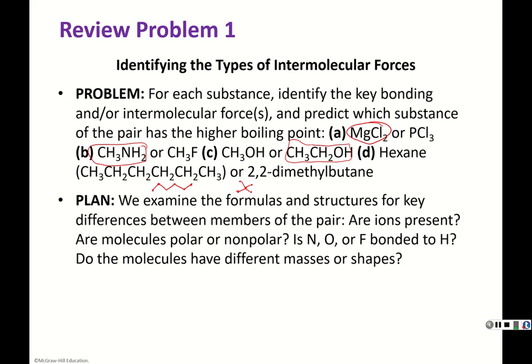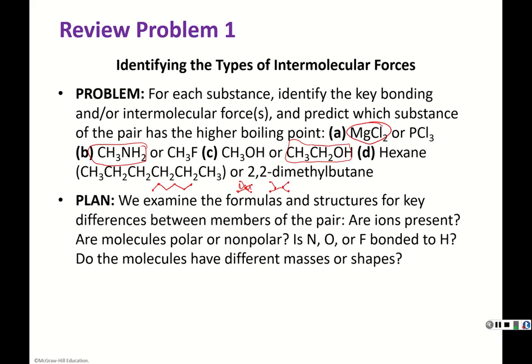So you have a molecule that's more surface area versus a molecule that has less surface area. Same number of carbons. And I drew that one wrong. There we go.